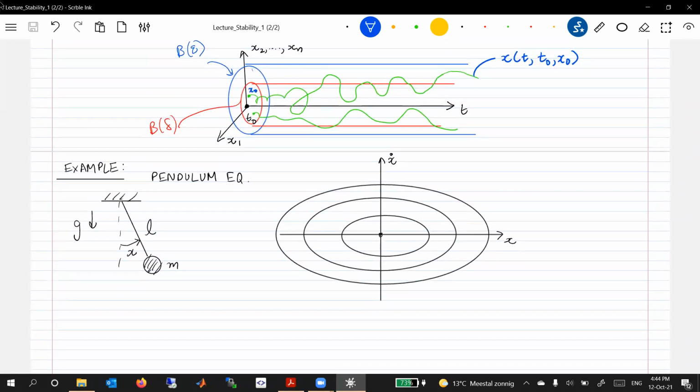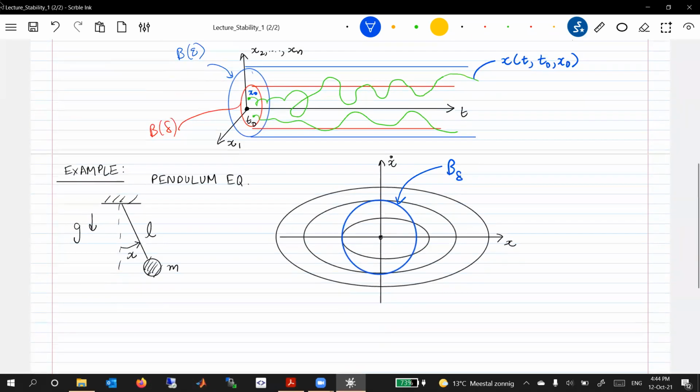So let's say this is the delta that I pick. Okay, so that looks circular enough. No, I'm sorry, this is the epsilon. So blue is for epsilon. This is the epsilon ball that I pick, and this is the confinement radius in which I want all our solutions to be confined.